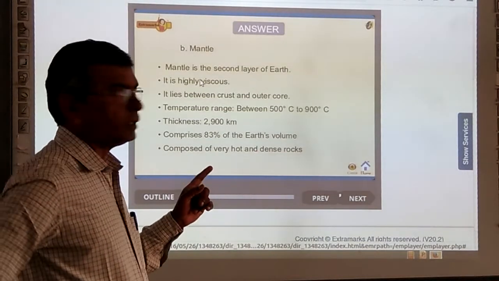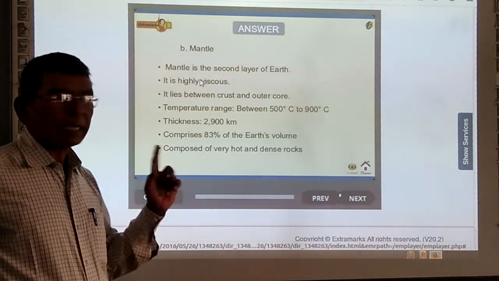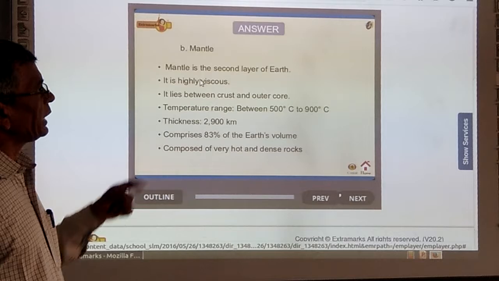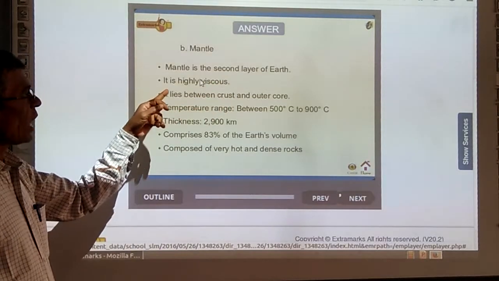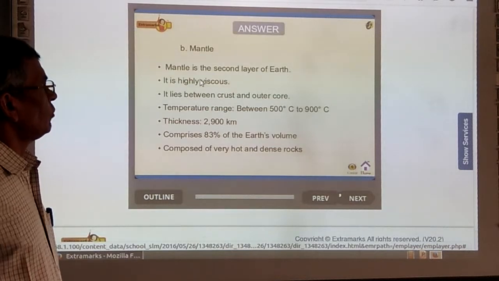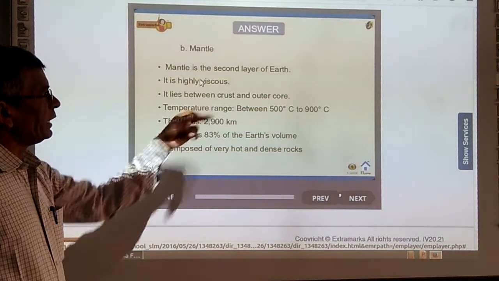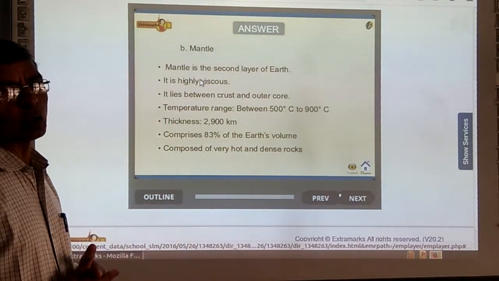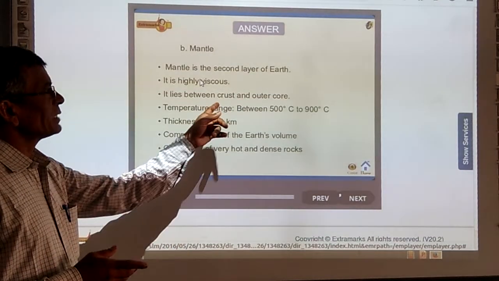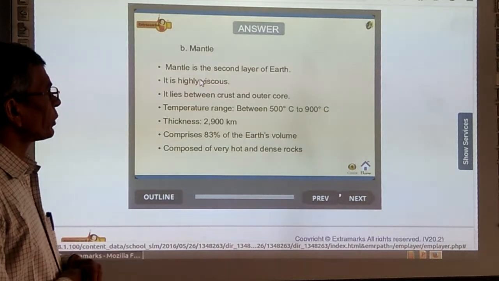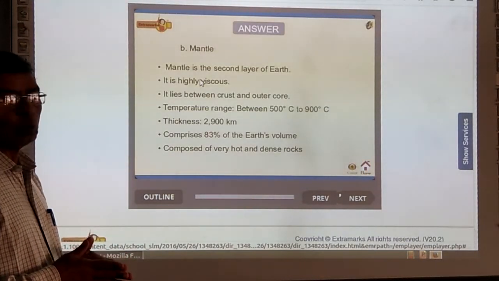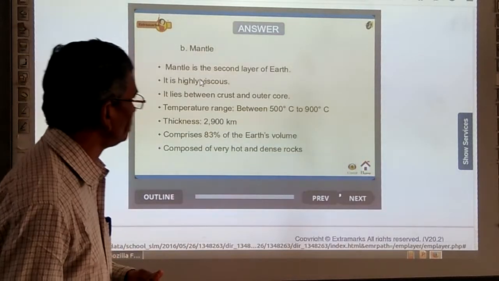You see, children, the mantle is the second layer of the earth, and it is highly viscous. It lies between the crust and the outer core. The temperature is between 500 centigrade to 900 centigrade.